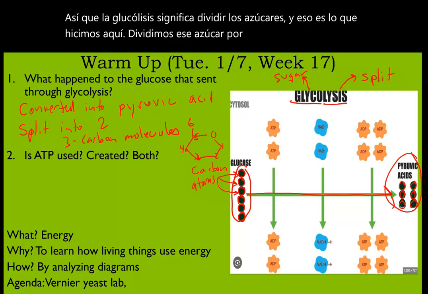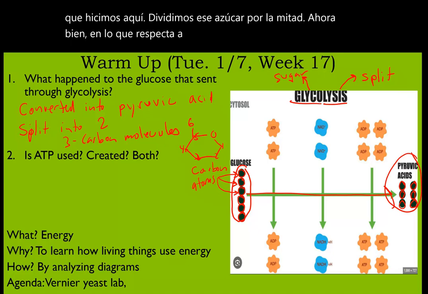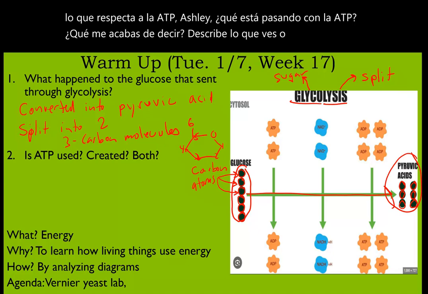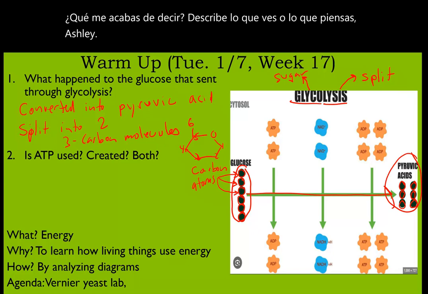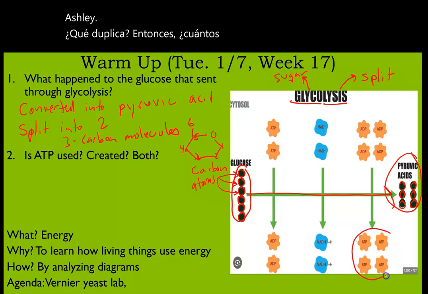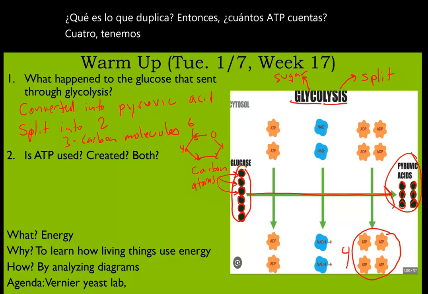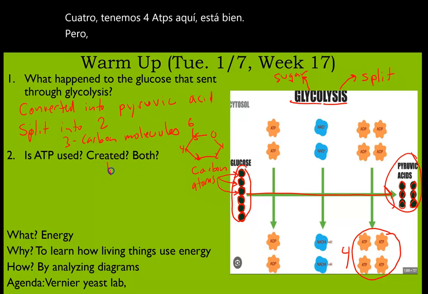Now, as far as ATP is concerned, Ashley, what's going on with ATP? Describe what you see. It doubles. So how many ATPs do you count? 4. We have 4 ATPs here, so it created 4 ATP.